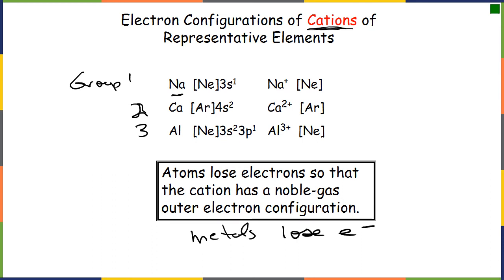Because metals lose electrons, we're going to ask ourselves which electrons these guys are going to lose? Well, they're going to lose the valence electrons, the ones in the outer shell. Outer shell, again, has the largest quantum number. So sodium is going to lose one electron. Calcium is going to lose 2 electrons, and aluminum is going to lose 3 electrons, which we know is consistent with the behaviors of group 1, 2, and 3. When they lose their electrons, they are going to only be left with their noble gas core. Why? Because the noble gas core is stable.